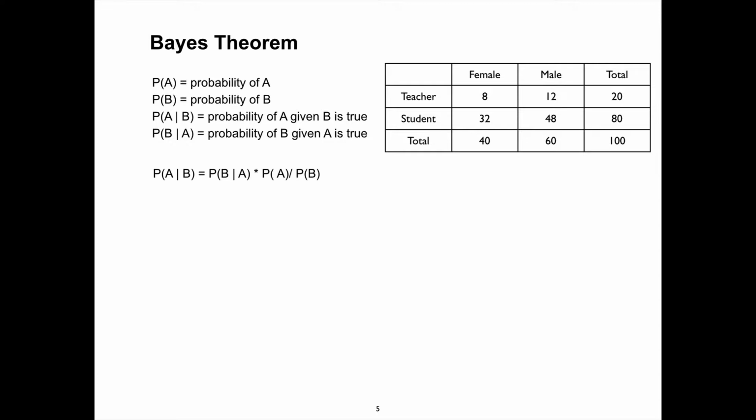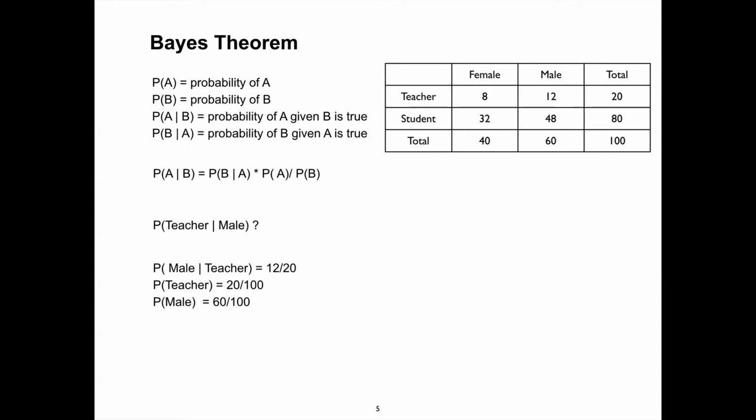And here's my simple example where we're counting the number of people in a school, number of teachers, number of students by sex. And so can we compute the probability that someone's a teacher knowing that they're male? Well, from the table, we can do that pretty easily, right?